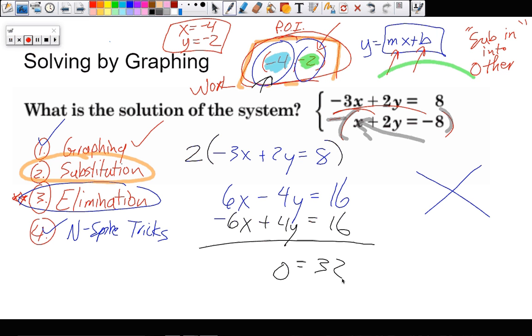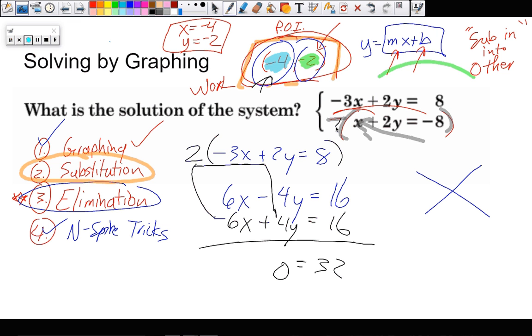I was trying to do elimination methods, so I multiplied it out so that I could match these up and try to cancel out the variables. So just like we multiplied by a negative 1 up here, I multiplied by a 2. You with me? Yeah. So if the equations were already set up so that it was eliminated, like 3x minus 2y is equal to negative 8, then it would still be infinitely many solutions because it's 0 is equal to 0.